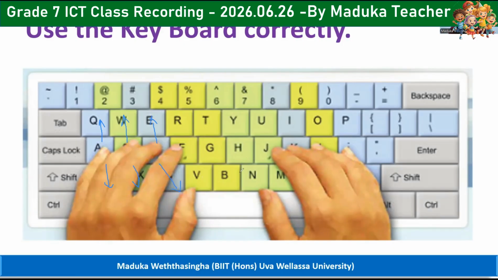See, we have to place the fingers on the home row, but then we have to move our fingers up and down. We have to move our fingers up and down, right?